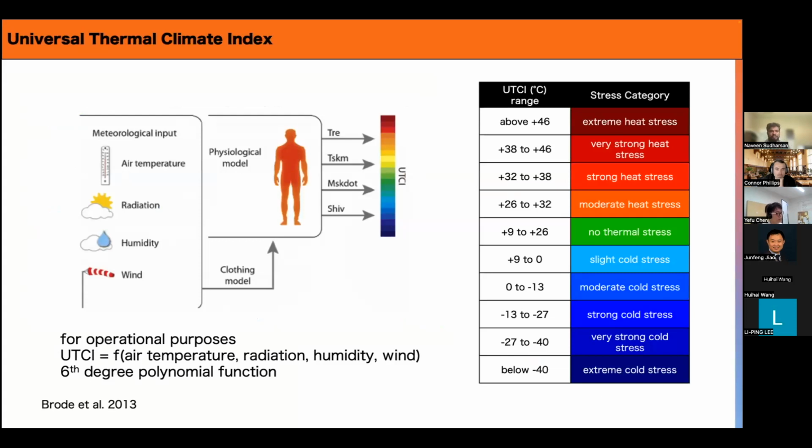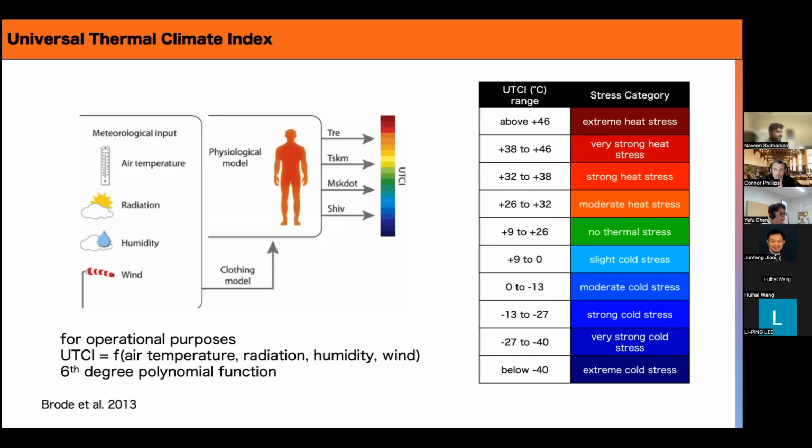So first of all, let me introduce an index. This is the Universal Thermal Climate Index. We use this index to do the risk analysis because we know that it's not just the temperature that impacts human beings. In this particular index, we have air temperature, radiation, humidity, wind, along with a physiological and clothing model.